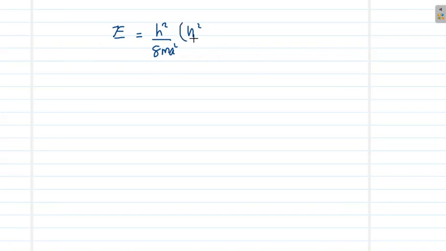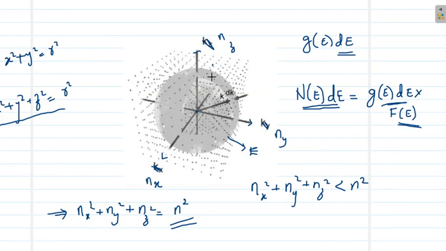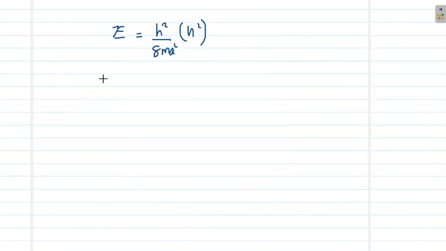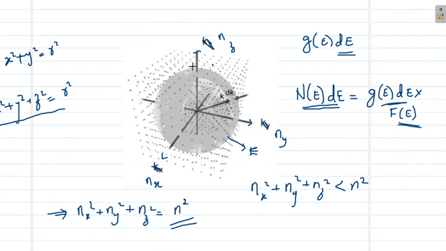On the surface of the sphere, N square is a constant and the surface actually represents a constant energy or degenerate states. All the points on the surface of this sphere are degenerate states. And within this sphere, there are plenty of points. For all those points, the energy is less than E. So from 0 up to energy E, all those points will lie within this sphere.